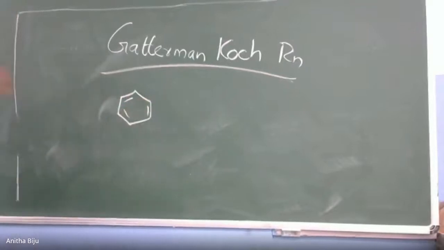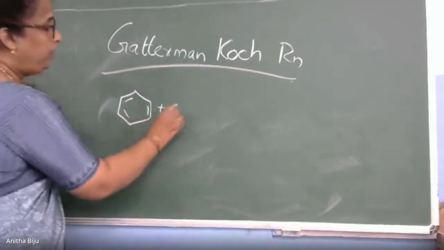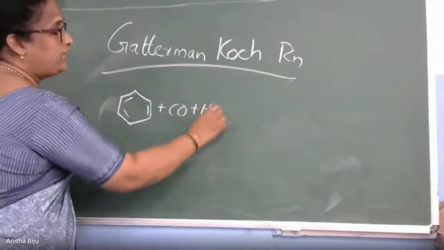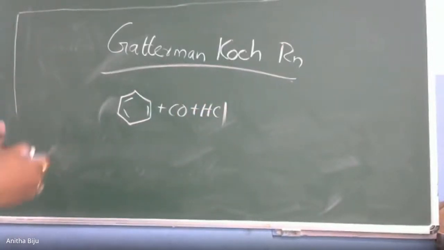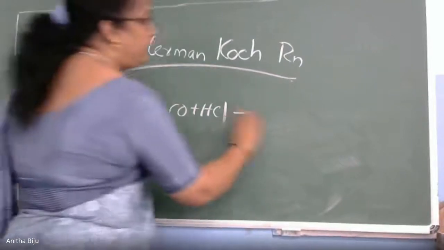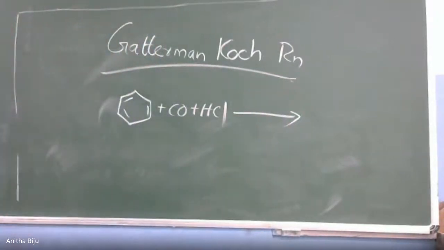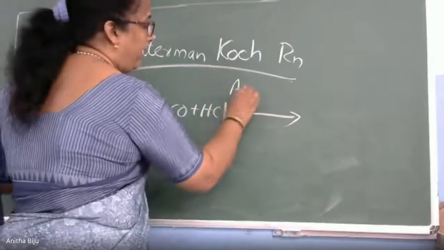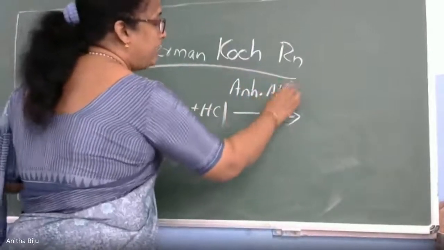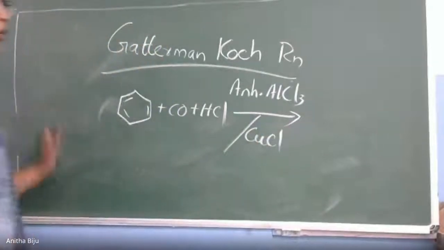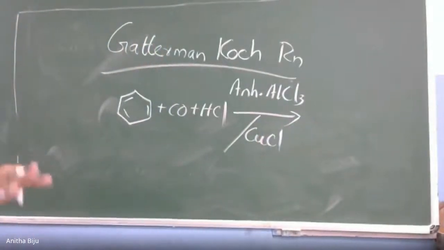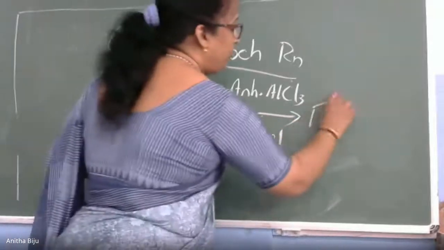Benzene, when treated with carbon monoxide and hydrochloric acid, these are the two reagents, and here we have a catalyst, a mixture of anhydrous aluminum chloride and copper chloride, anhydrous AlCl3 and CuCl. We get the product benzaldehyde.